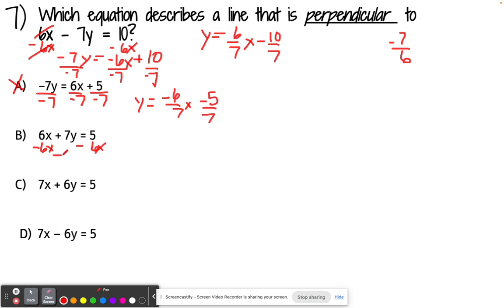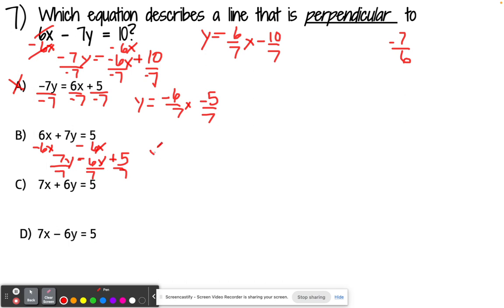And I'll get 7y equals negative 6x plus 5. My last step, I need to divide everything by 7. And again, I'm going to end up with a slope that doesn't work.